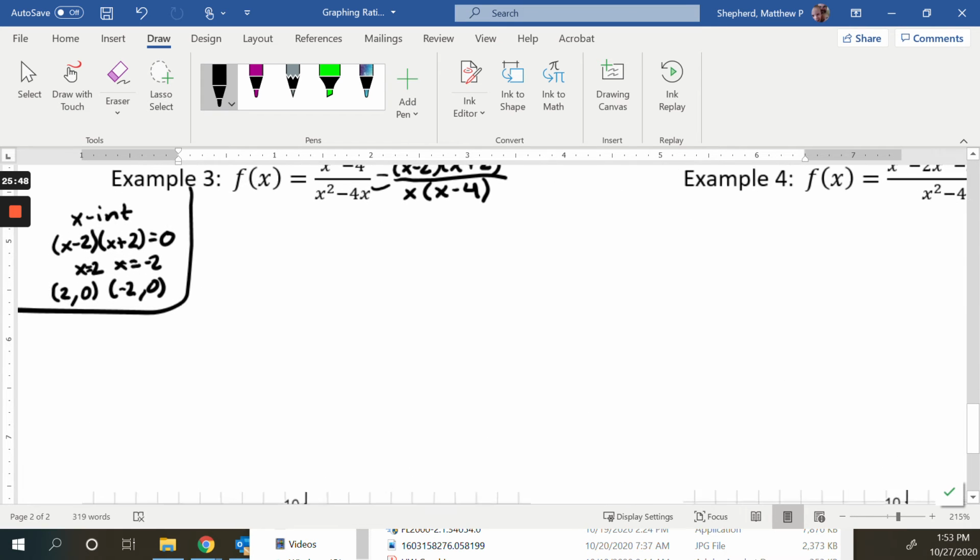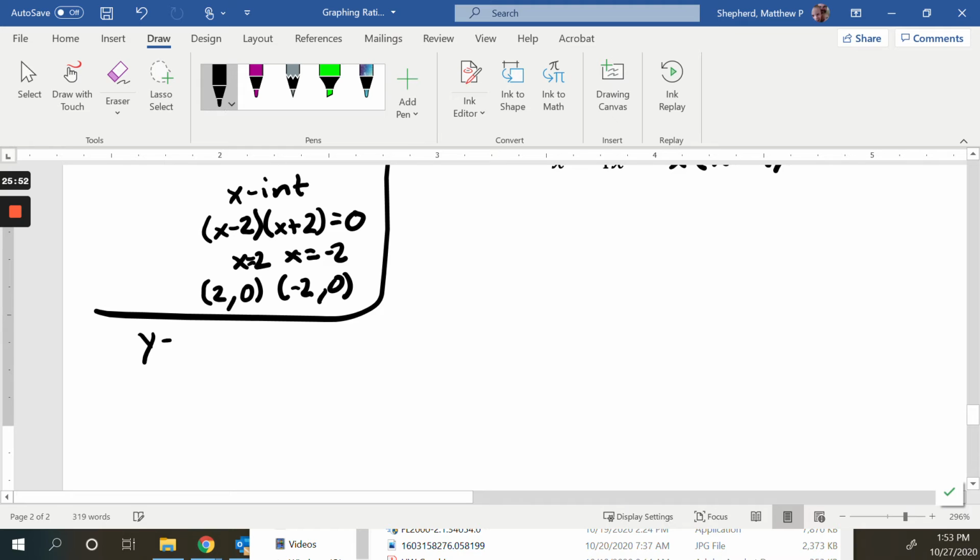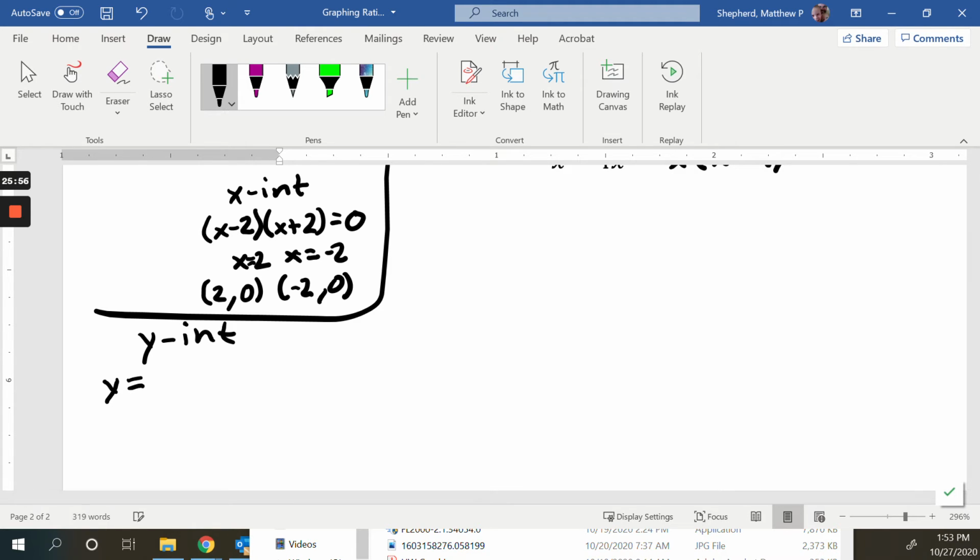Next, we want the y-intercept. So for the y-intercept, we rewrite our equation, but we change all those x's into zeros. So we'd have 0 squared minus 4 all over 0 squared minus 4 times 0.